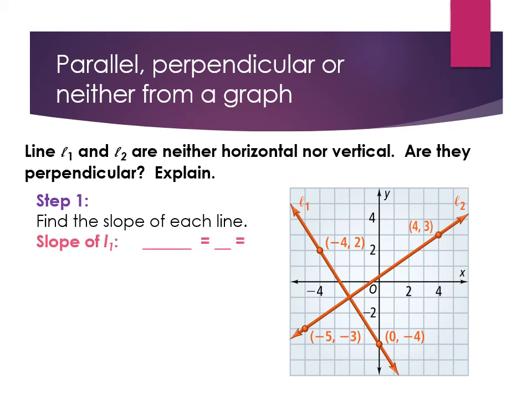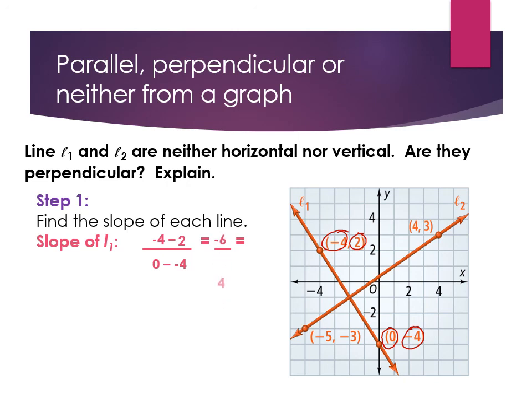So line L1, okay, the one that goes down to the right. Okay, you take -4 minus 2 divided by 0 minus -4. Okay, so just to kind of get an idea what we're talking about, I took this -4 here, minus 2, and then 0 minus -4. Again, notice that it's always subtraction.